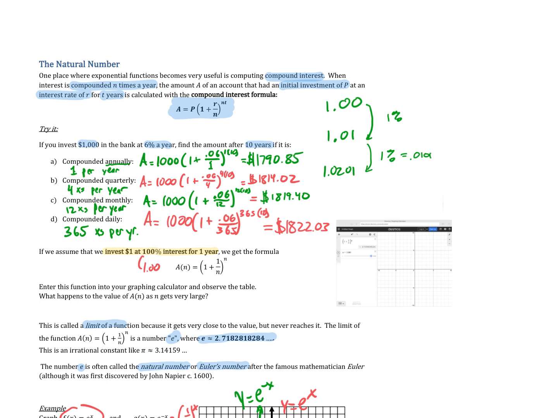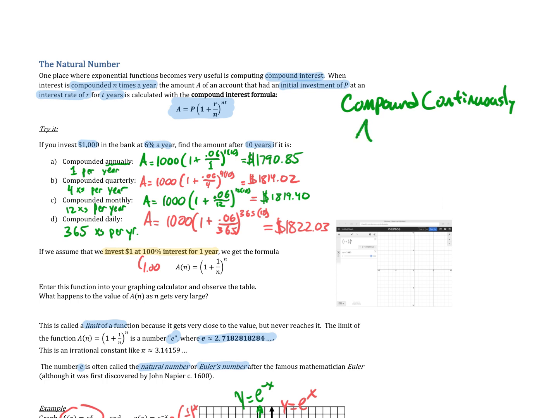So now we can come back to our compound interest problem here. Now we can see how we can compound this interest continuously. So we did compounding annually, quarterly, monthly, daily, but now the next bank says, hey, I can do this all the time. So we have the formula A equals P times e to the rt.